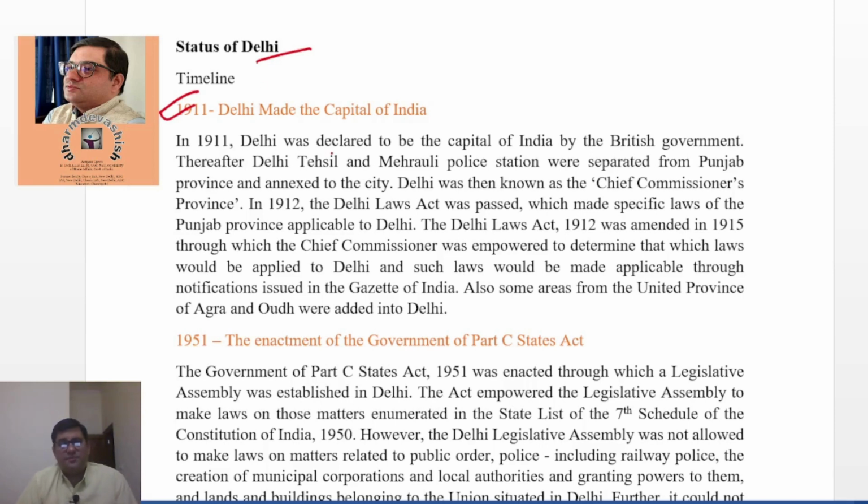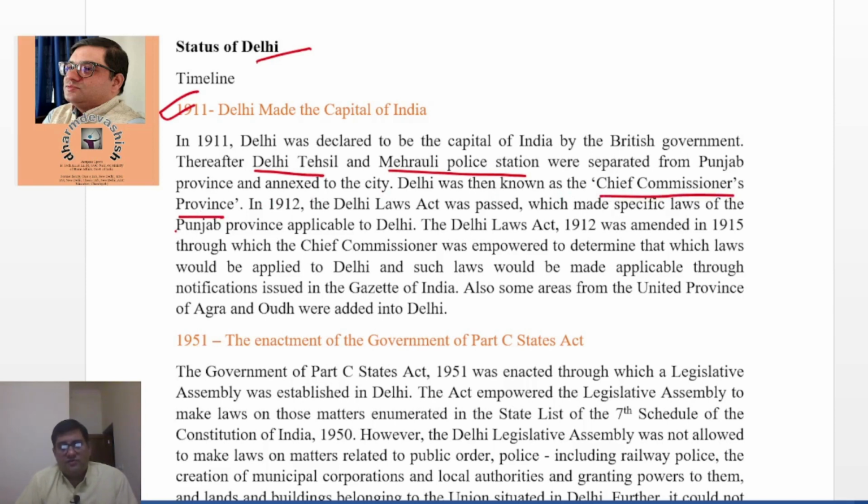So what happened is that this Delhi district of Punjab province was annexed and constituted into a separate entity comprising the Delhi Tehsil and the Mehrauli police station, and a separate administrative setup was made for this area, and Delhi came to be known as the Chief Commissioner's province.